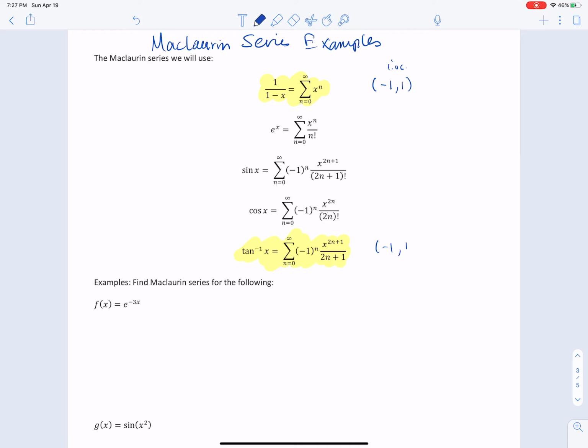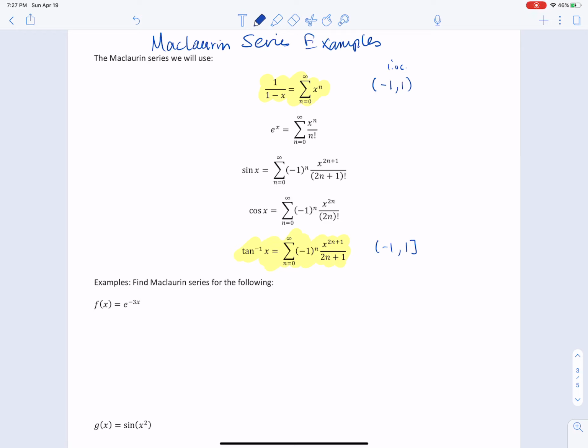I haven't shown this in a video, but it turns out the interval of convergence includes 1, and I will probably talk about this in a class sometime about how we can use the inverse tangent function expansion at 1 to come up with an approximation for pi.